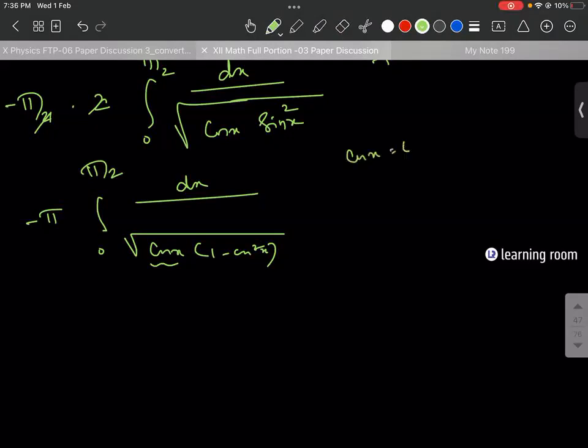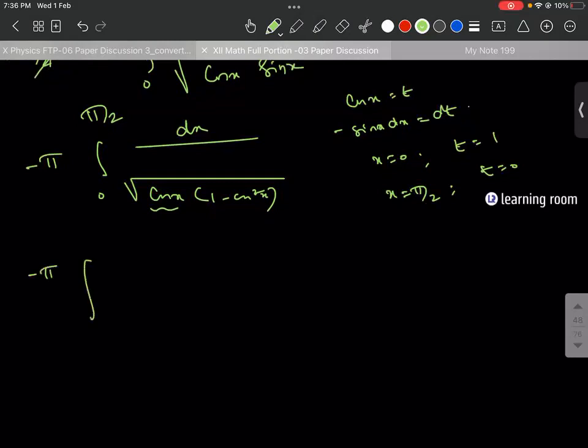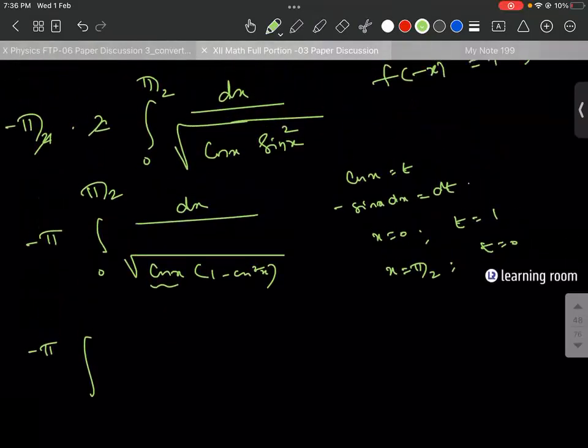Let's say I'm putting cos x is equal to t, minus sin x dx will be equal to dt. So if I put x is equal to 0, t is equal to 1. If I put x is equal to pi by 2, t is equal to 0. So minus pi into integral of... it's not working, no?